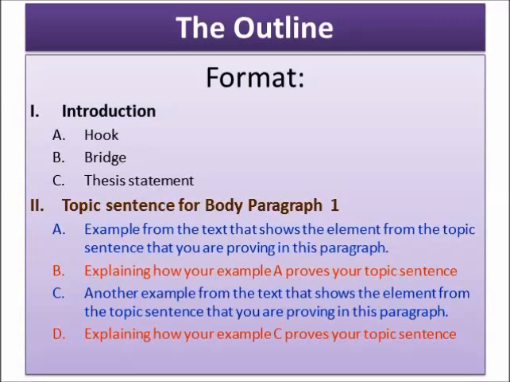Item D then explains how example C proves your topic sentence to be true. So notice the items in blue are specific examples from the text, and the items in orange are our explanations of how those examples prove the topic sentence to be true.